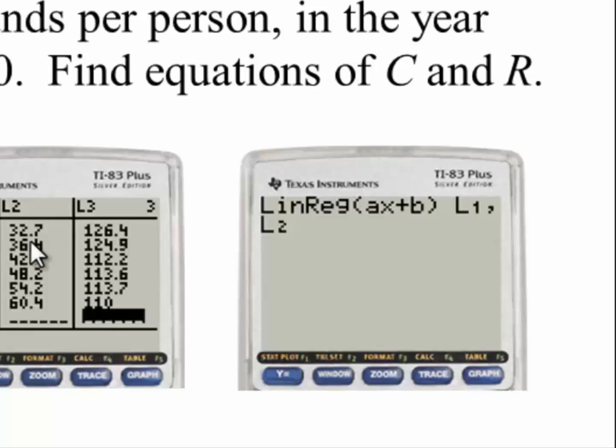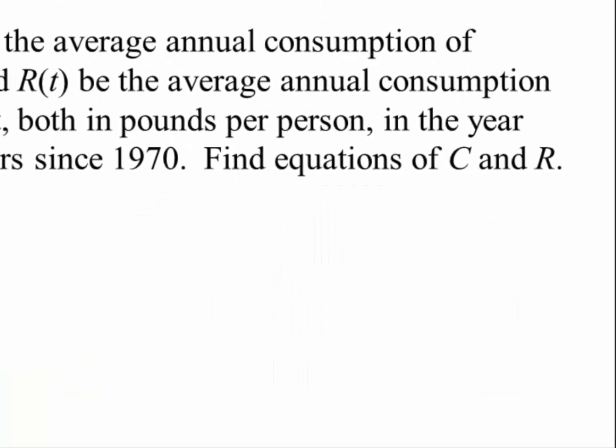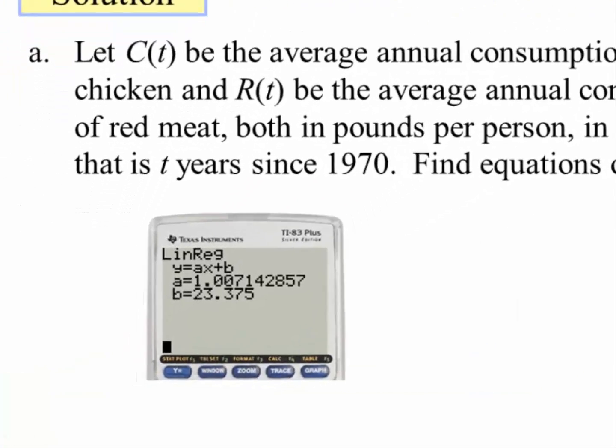Because we are using both List 2 and List 3, when we paste our Linear Regression command in our home screen, we want to first do chicken, which is List 1 and List 2. So we need to type List 1, which is second number 1, comma, second number 2. You should get this equation.